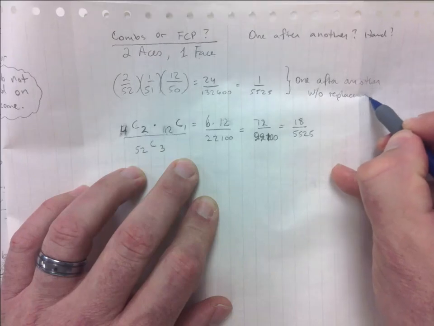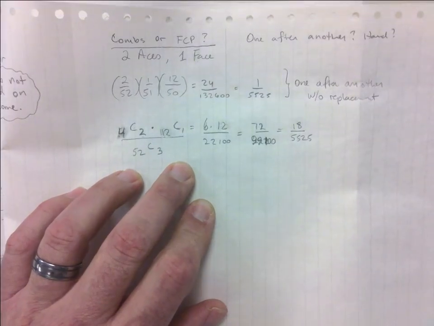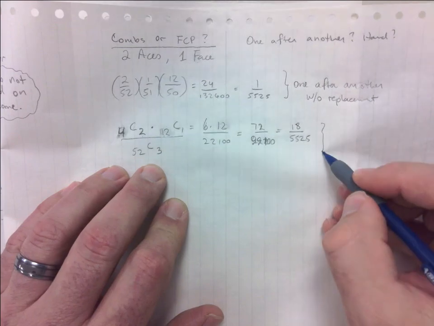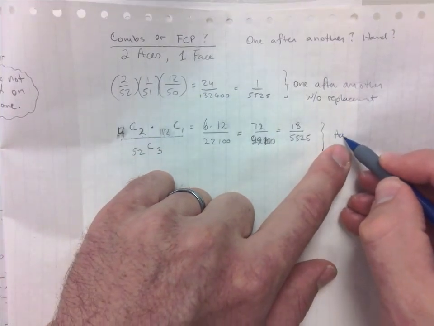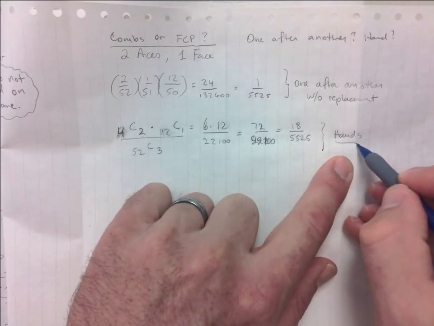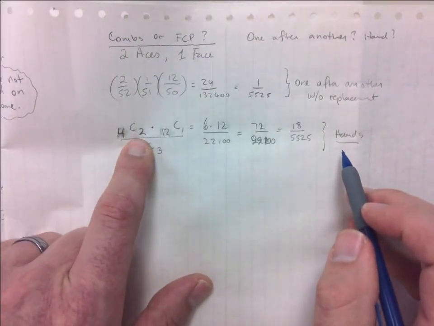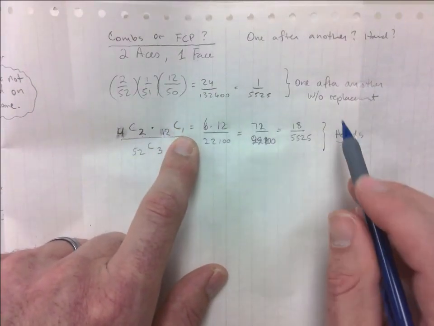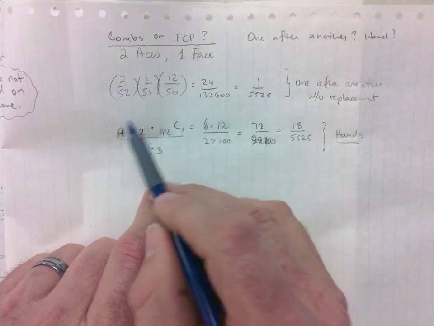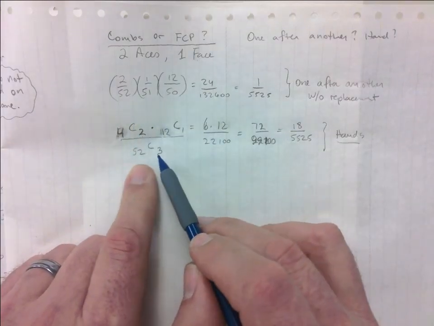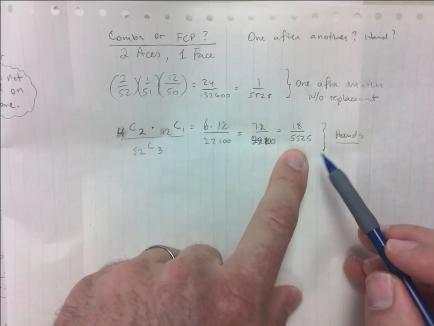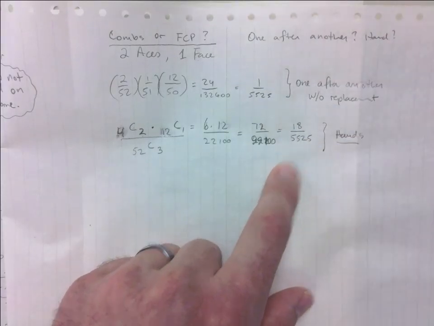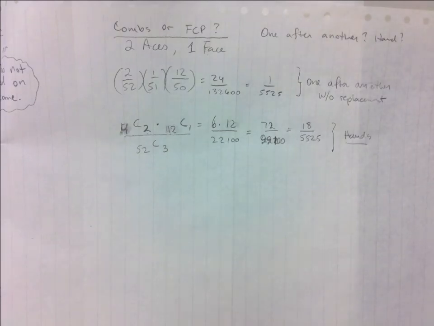Go for it, use this, it works. Okay. But if this is just hands, and the hand is supposed to have two aces and one face, and it doesn't specify that it's one after the other, then you have to do it this way. This would be a probability of that happening, right? So they are different, so just look for the keywords there. And that's all I wanted to say for this part.